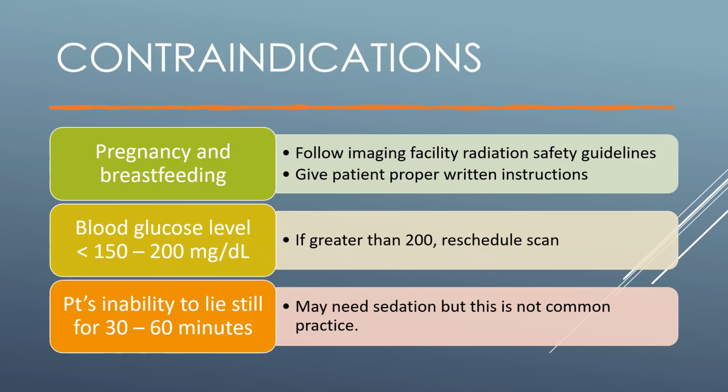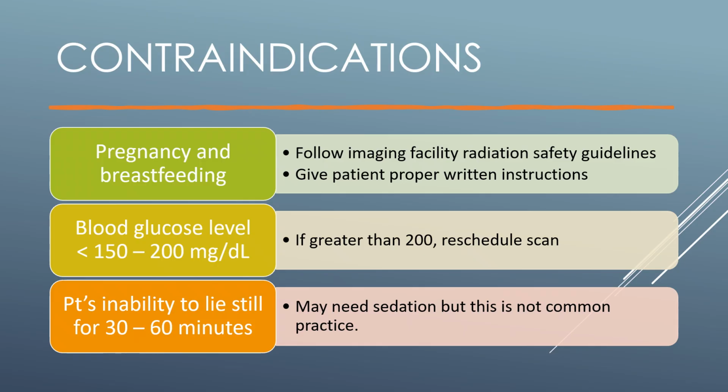So for most brain scans, if it's between 150 and 200, their doctor might want to consider rescheduling it or trying to bring their glucose down a little bit. And if it's higher than 200, they will reschedule the scan.